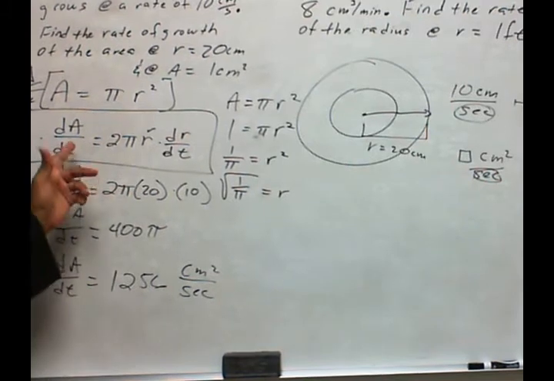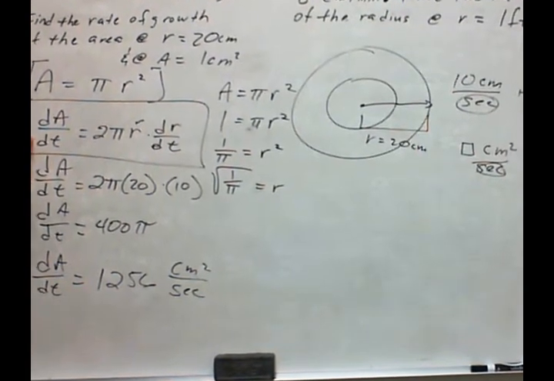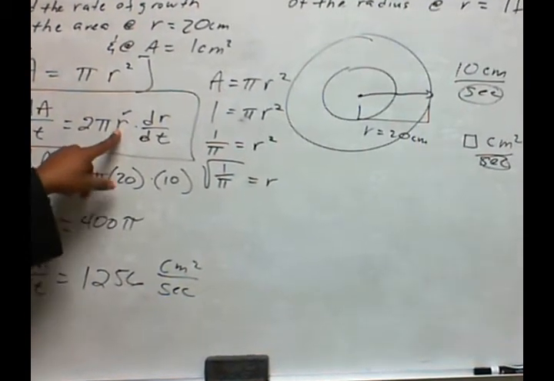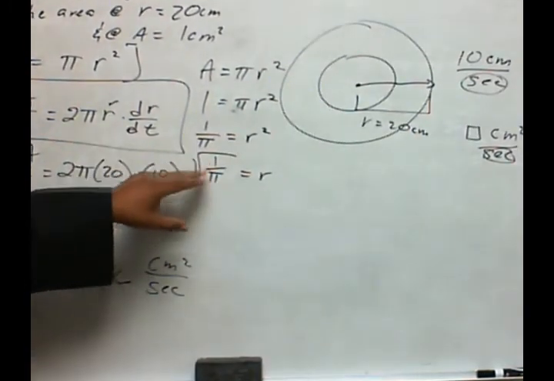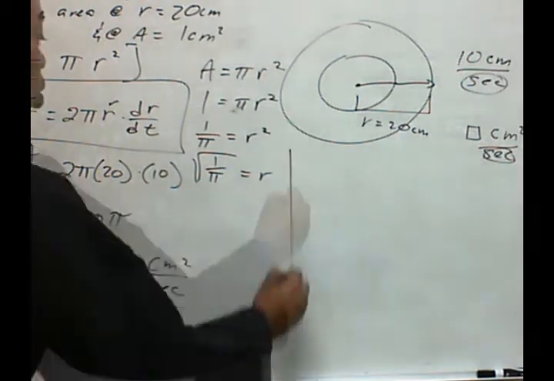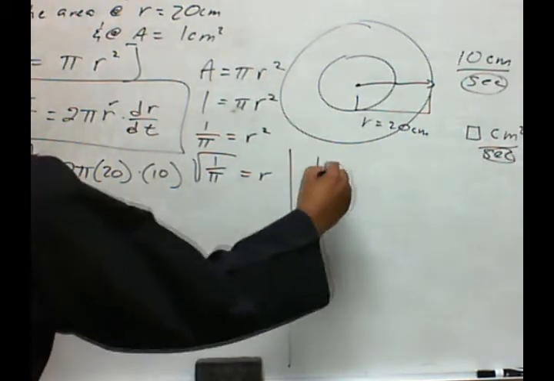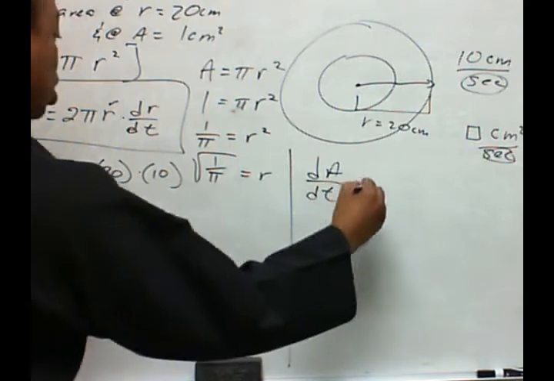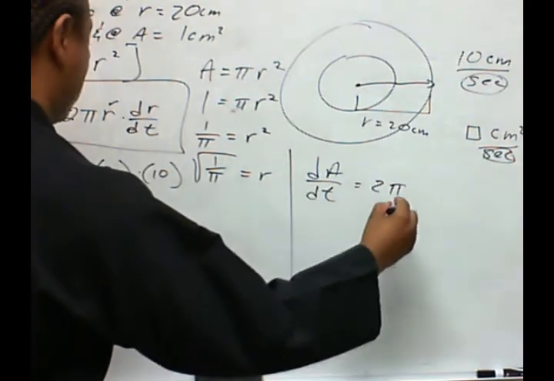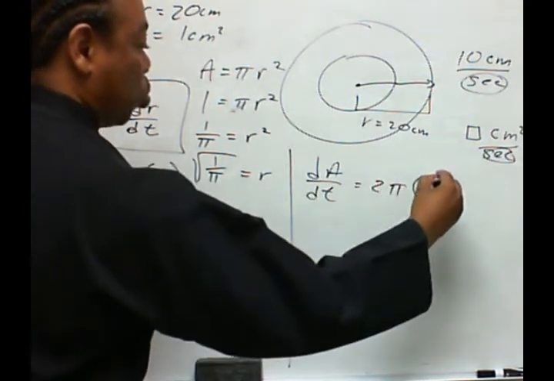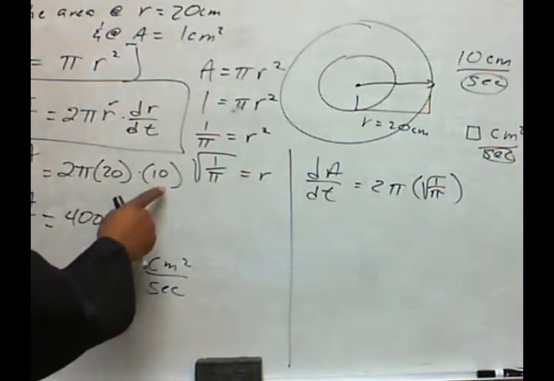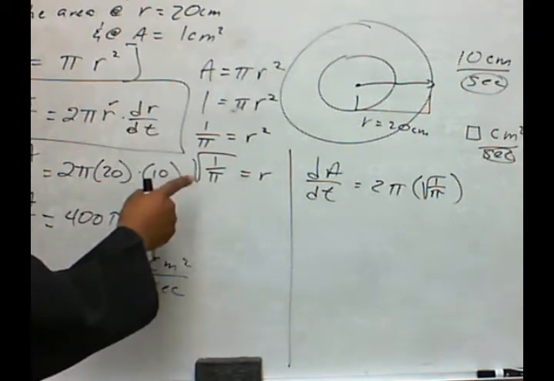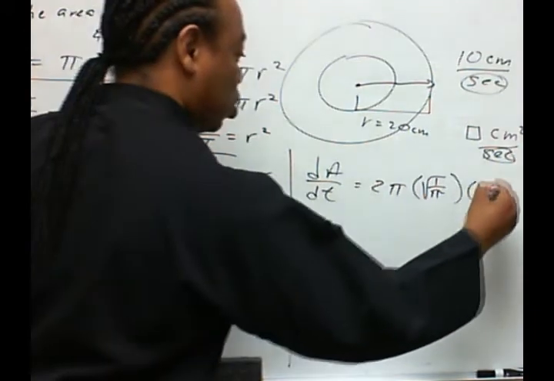So now I'm going to use this problem again, and I'm going to put in, instead of 20 for r, the square root of 1 over pi. So that'll be dA over dt equals 2 pi, and my new r is the square root of 1 over pi, and my rate is still 10 centimeters.